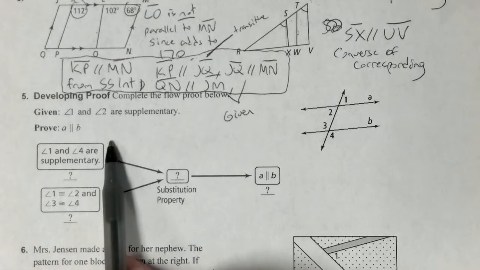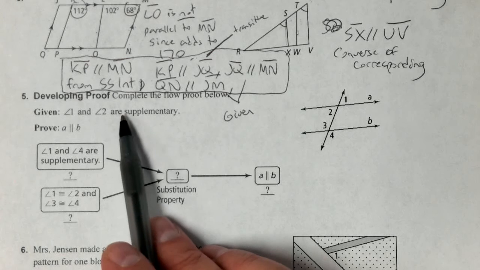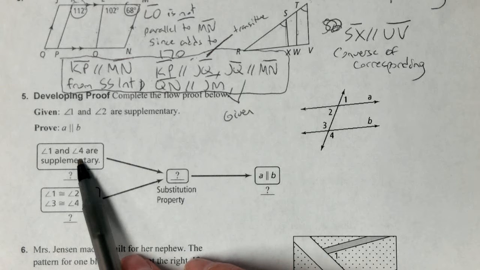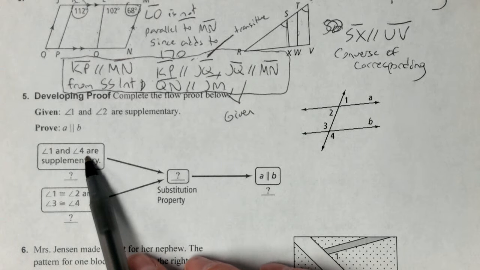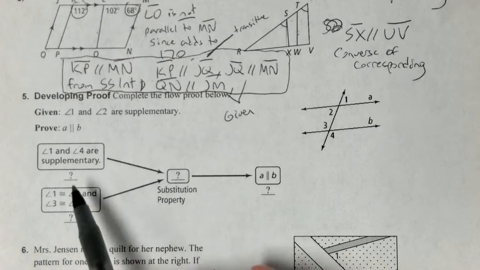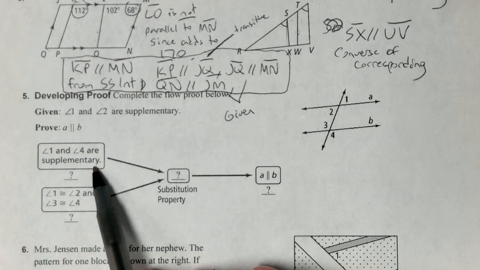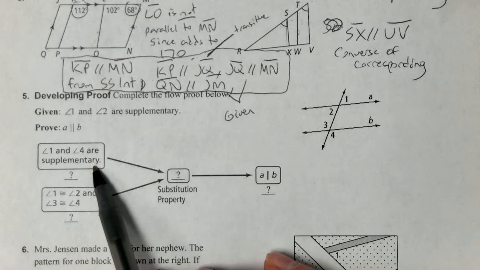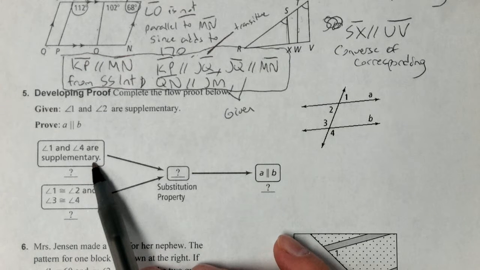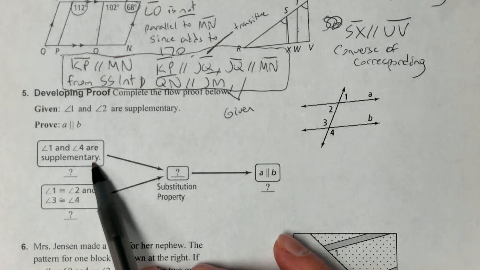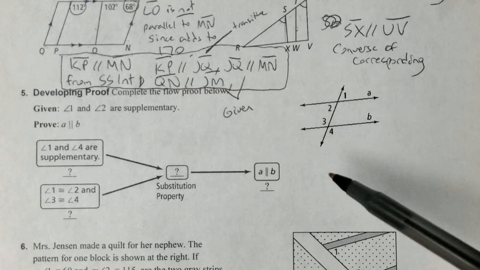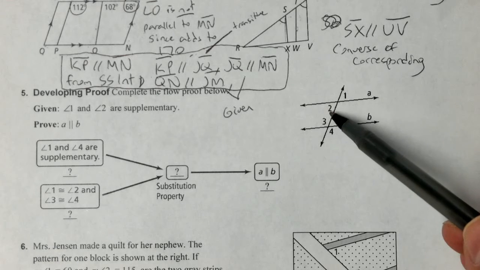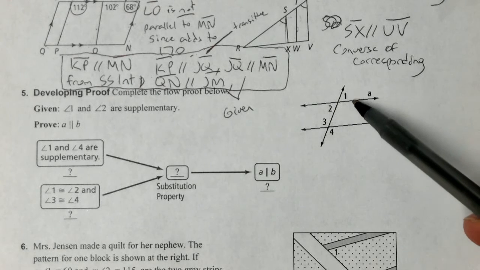The next part is about developing a proof. So we're given that 1 and 2 are supplementary, and this says 1 and 4 are supplementary, so there's some sort of typo right there. So I'm going to have to work this out.